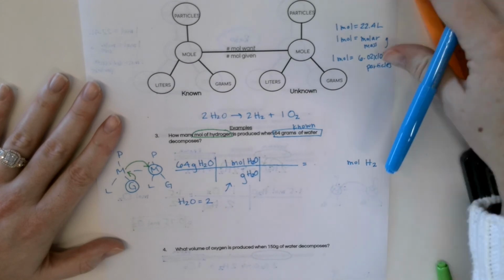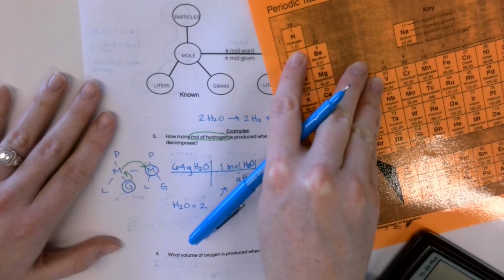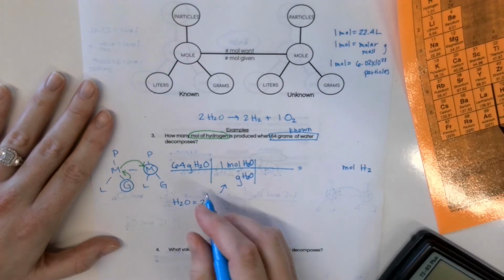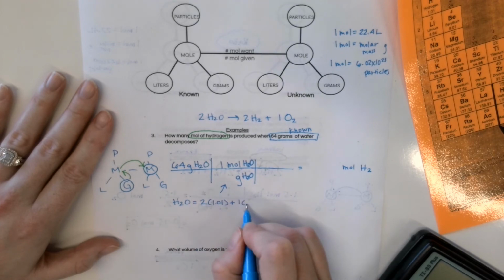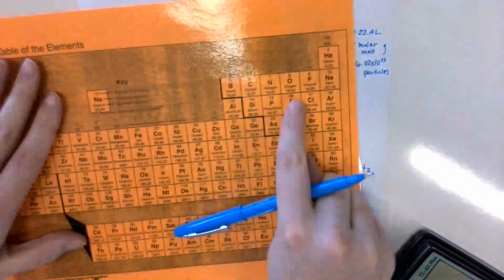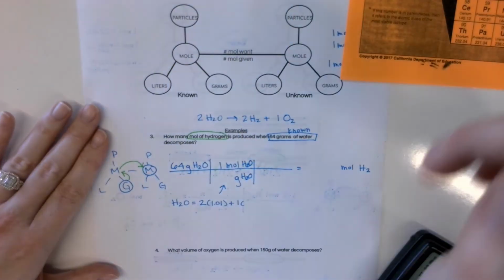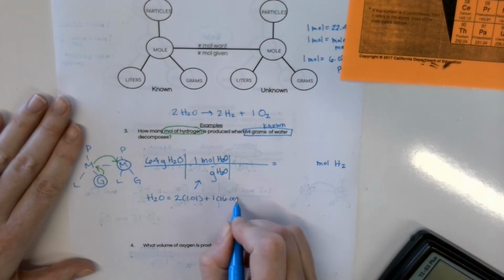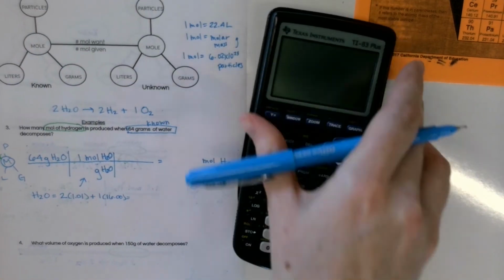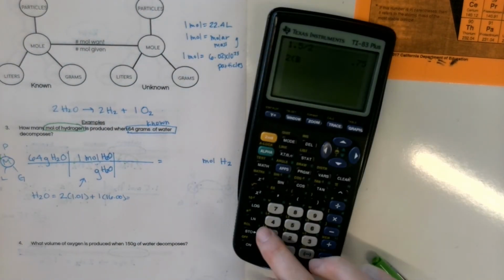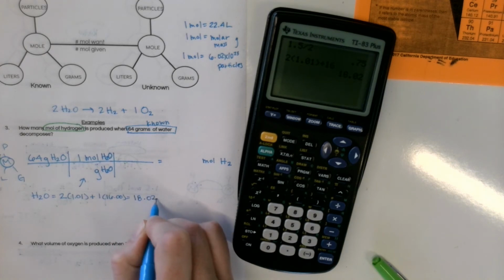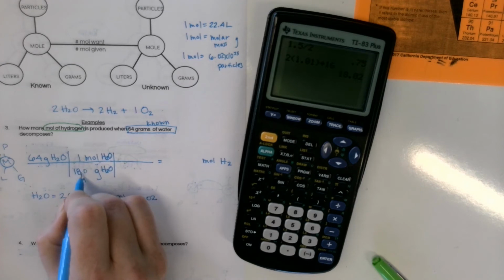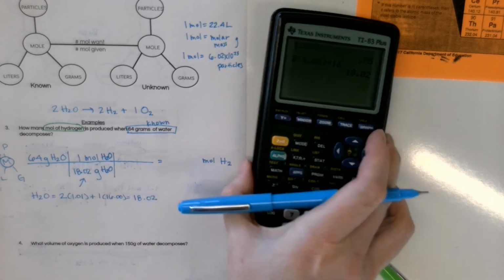We have 2 hydrogens, each with a molar mass of, my periodic table rounds a little bit, 1.01, plus I only have 1 oxygen, so 1 times oxygen's molar mass, 16.00. Plug it all in my calculator: 2 times 1.01 plus 16 equals 18.02. So that is the number of grams in 1 mole of water.